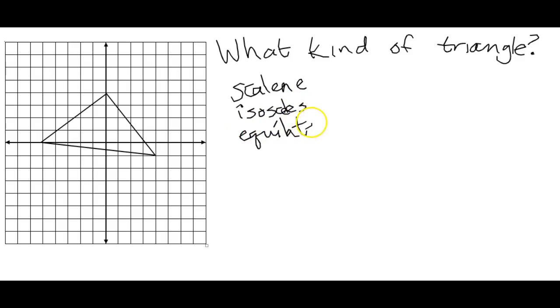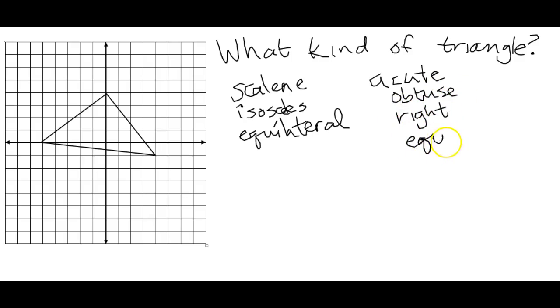We had our angle measures: acute, obtuse, right, or equiangular. Looking at this shape, it kind of looks like it could be a right triangle with the right angle here. We can check that by checking the slope.